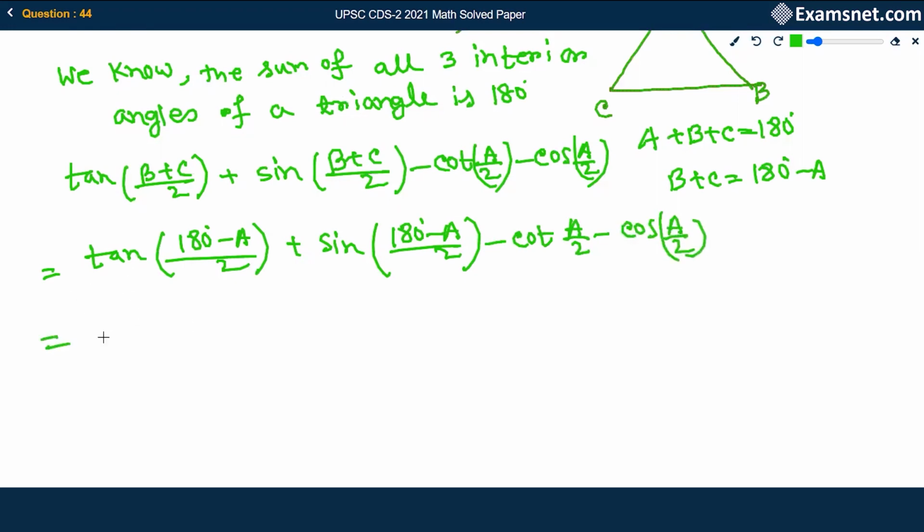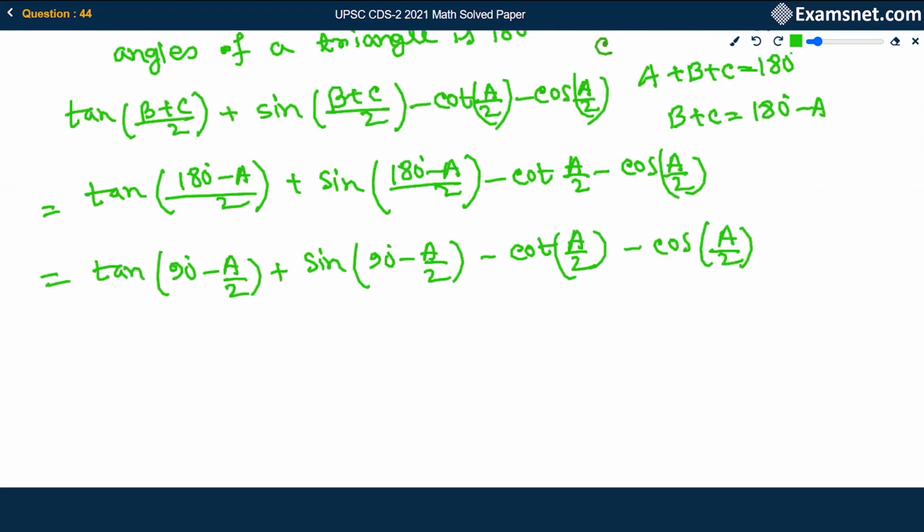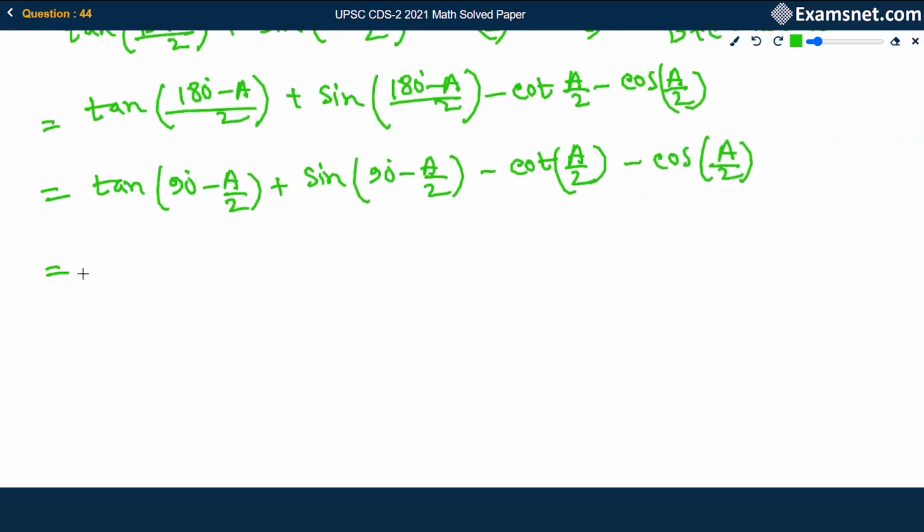Further, we can write 90 degree minus A by 2. Same, sine of 90 degree minus A by 2, minus cot A by 2 minus cos A by 2. So here we will use the concept of complementary angles. That is, we know tan of 90 degree minus theta is cot theta.